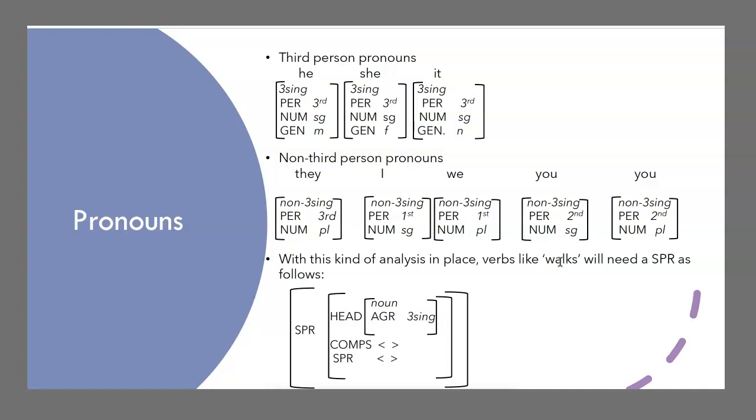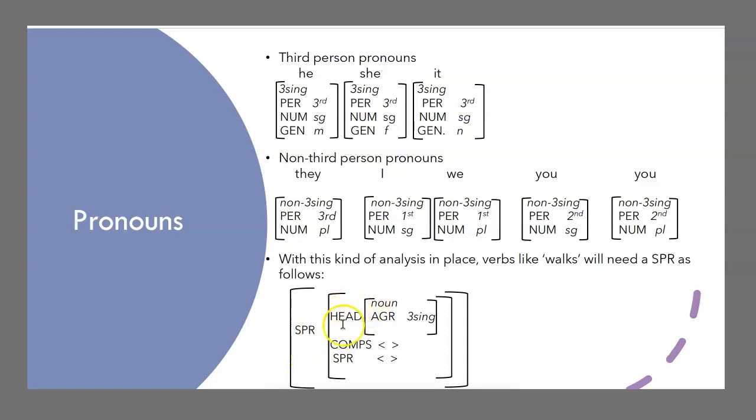Why? The AGR value of a verb, the form which you have, walks or runs, etc., is basically to have agreement with the subject. What is the subject? Subject is nothing but a specifier of a verb. So if you look at a verb like walks, walks will have head value verb, complements null, specifier, it has a specifier.